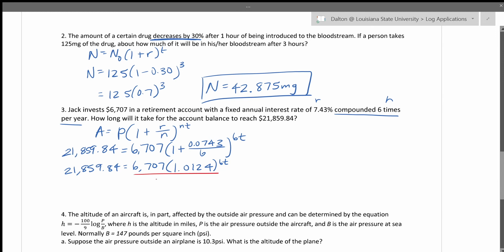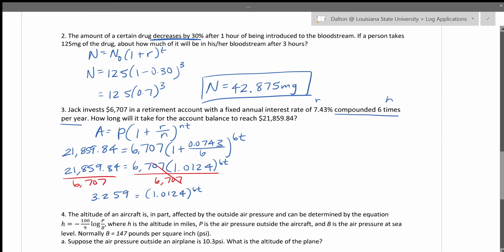So let's go ahead and divide by 6,707 on both sides. And when we do that, we're going to get about 3.259 is equal to 1.0124 all to the 6t power.